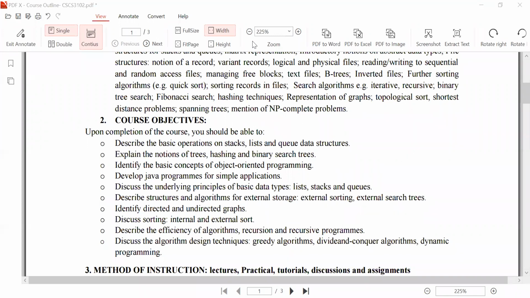Which language? C programming, right? Yes, sir. All right. So this semester, we will introduce Java programming. So we will do algorithms in the Java programming language. I believe the C programming language, we did it together, right? Yeah, we did it together.